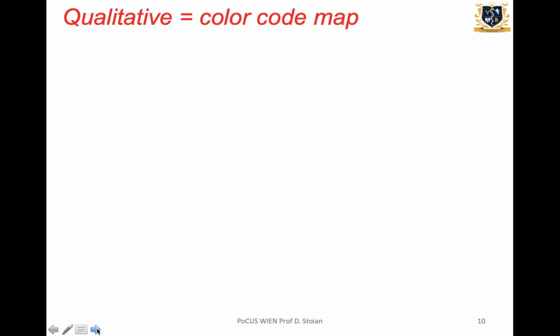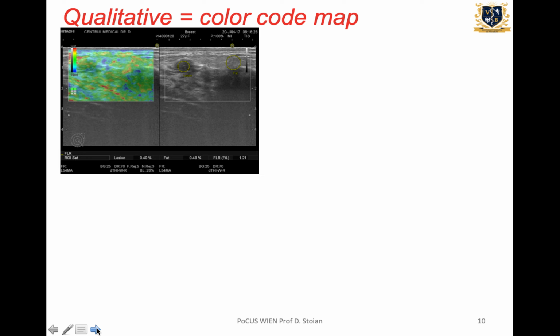At the end, the tissue behavior, how much or how little it compresses or changes its shape when exposed to perpendicular pressure, is given in a qualitative mode and a quantitative mode.